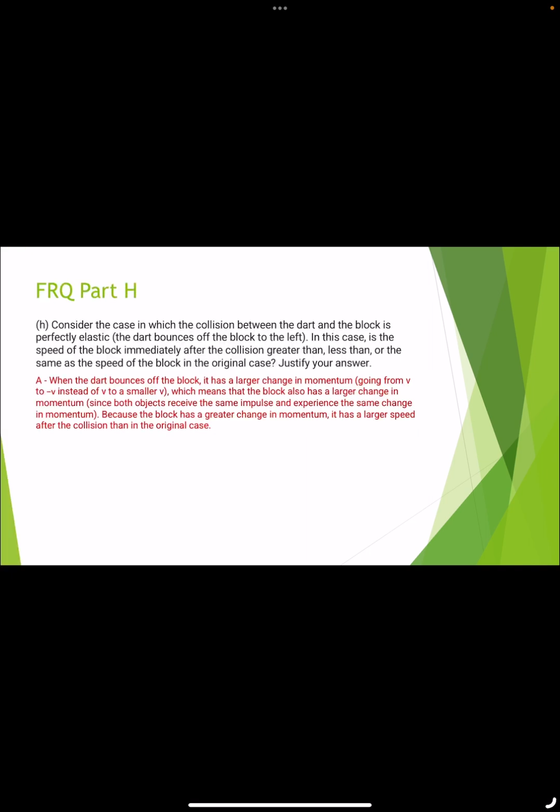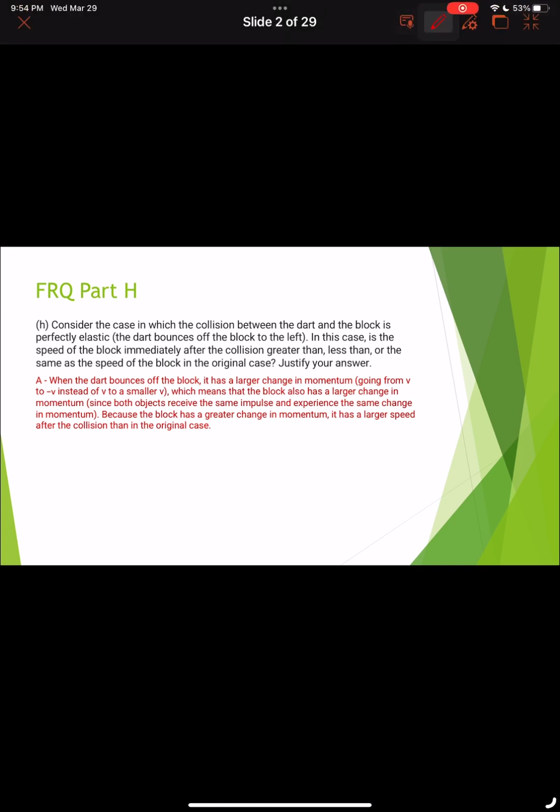So the first part that I'm going to correct is my FRQ, and the reason that I got it wrong is because I said the velocity would be a smaller velocity, which is correct. However, I did not mention the larger change in momentum.